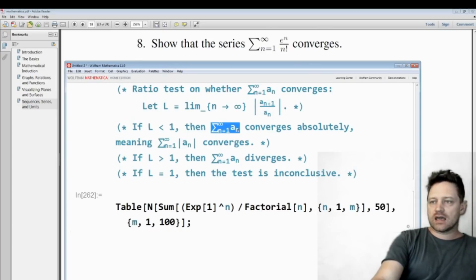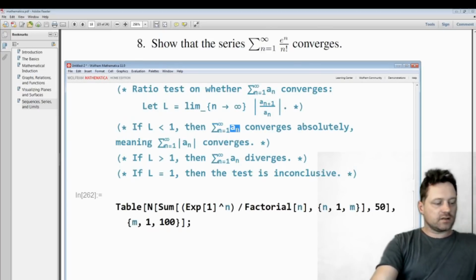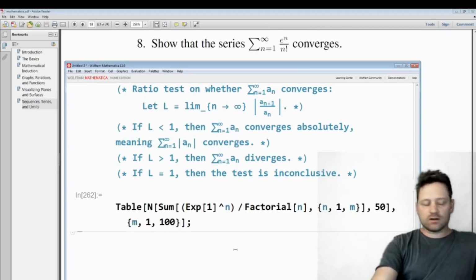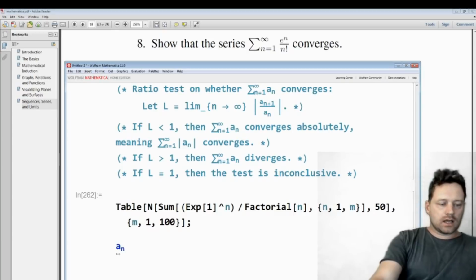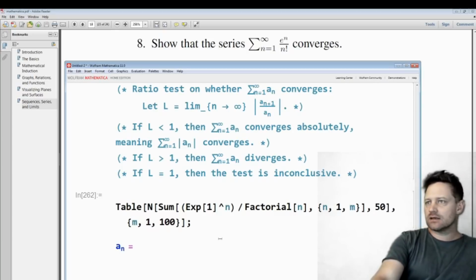So for a_n, I will copy this because I already have the notation pulled out from the palette. I'm not intending to calculate this, just writing out the demonstration that this series converges using the ratio test.